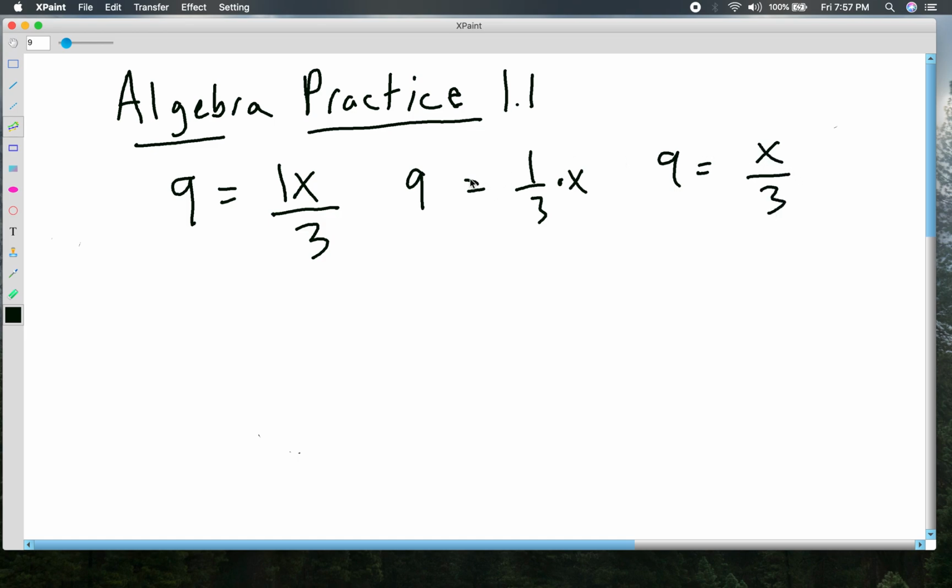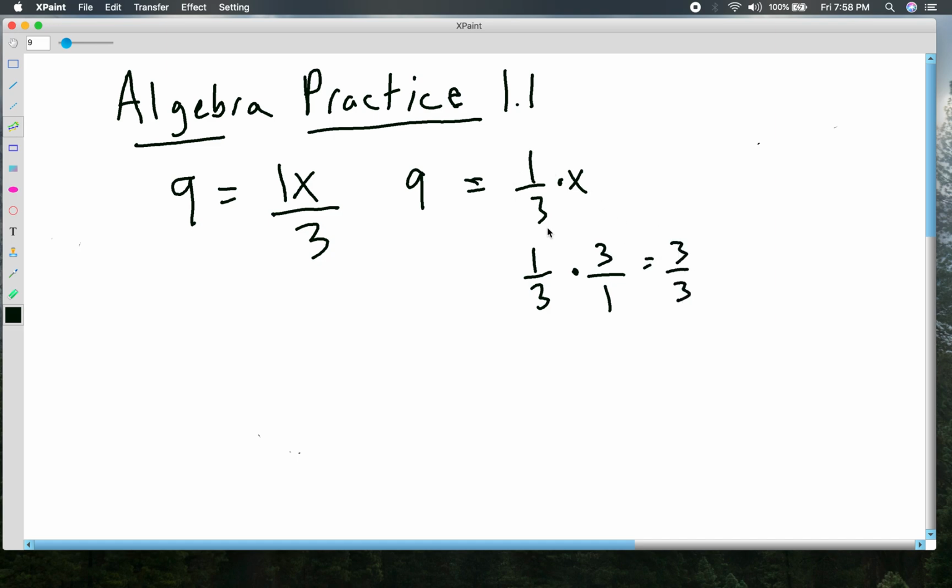What I need to do is multiply this by something that's going to get rid of this 3 down here. So what do I do? Well, if it's 1/3 times x, what do I multiply 1/3 by to get it back to the number 1? I would multiply it by 3 over 1. So 1/3 times 3 over 1 gives us 3 over 3.